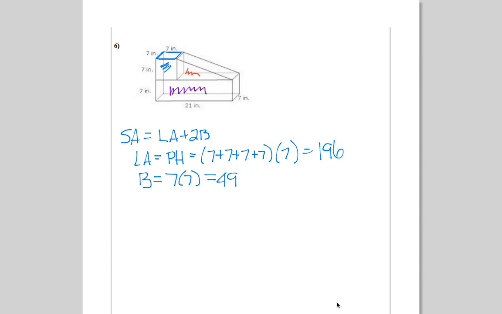So surface area equals 196 plus 2 49s, which is 294.